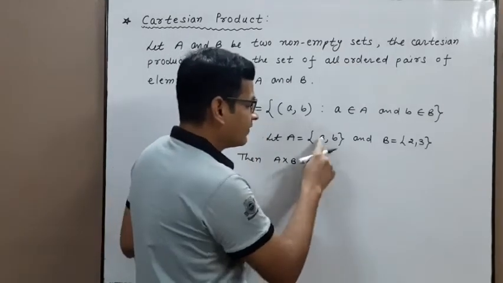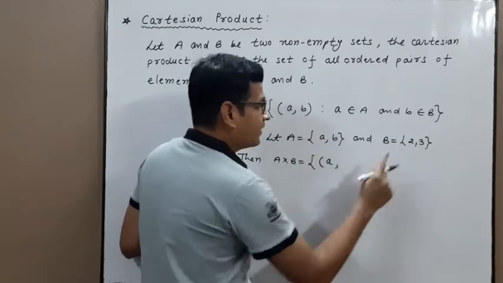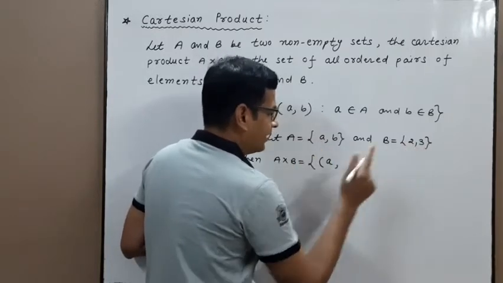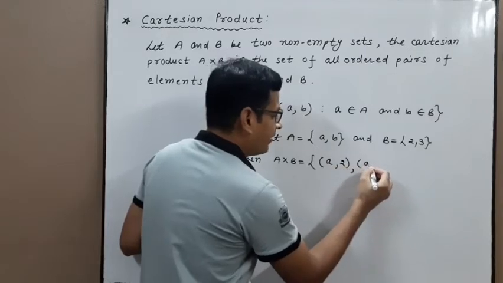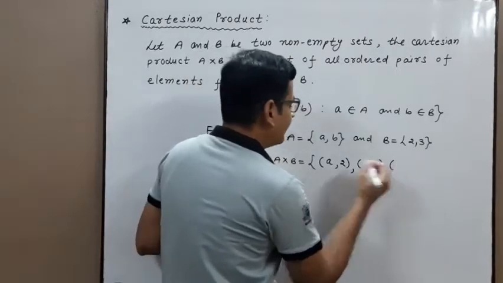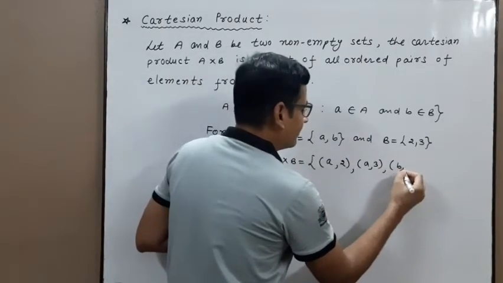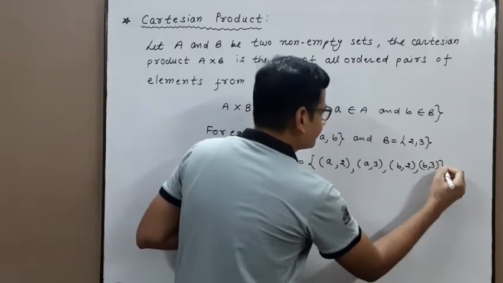First element belongs to the first set and second element belongs to the second set. So we can take either 2 or 3. First take a: (a, 2), (a, 3). Now take the second element b: (b, 2), (b, 3).